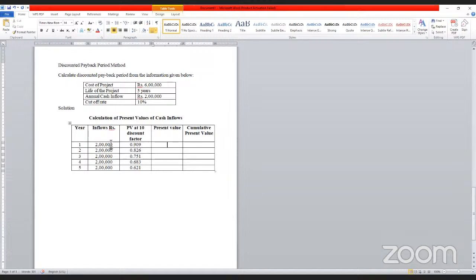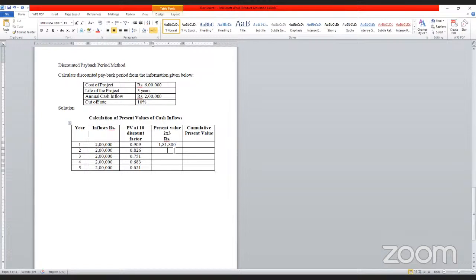If you multiply the second column with the third column, you will get the present value. I'll write here. So this will be 1,81,800.